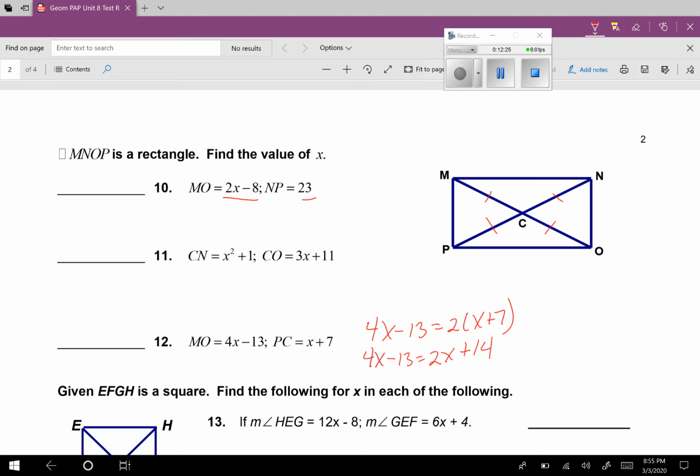All right, so take away 2x, add 13. So 4x minus 2x, that's 2x, and then 14 plus 13 is 27. And so divide by 2. So x is 27 over 2.